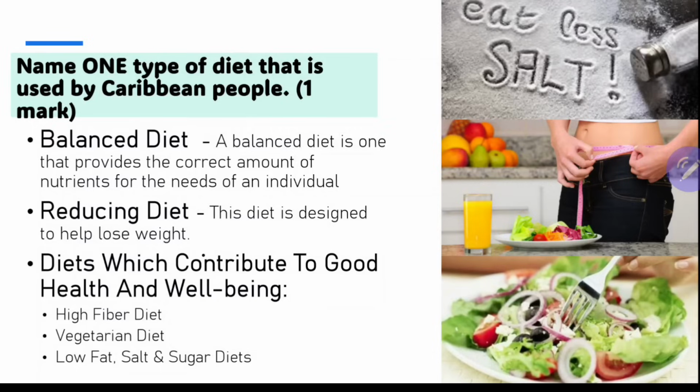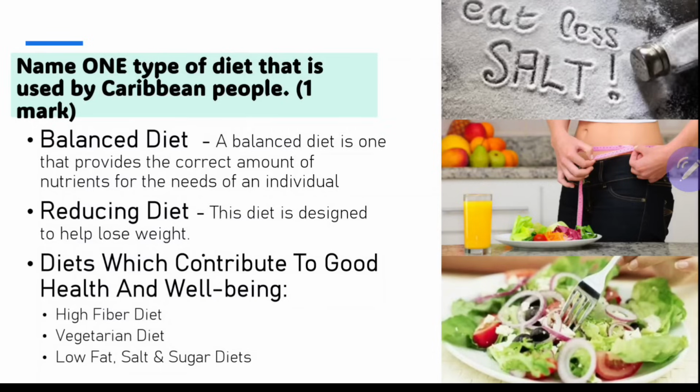All right, so 1, balanced diet. 2, reducing diet, and also another option there you could have diet which contributes to good health and well-being, such as high fiber diet, vegetarian diet, low fat, salt, and sugar diets, right? Now, remember that you're only required to name, right?